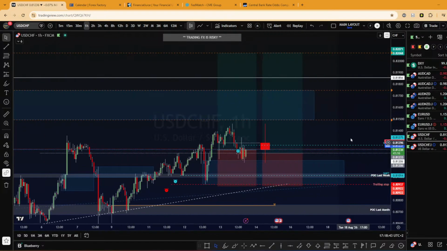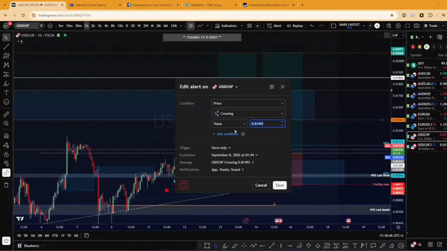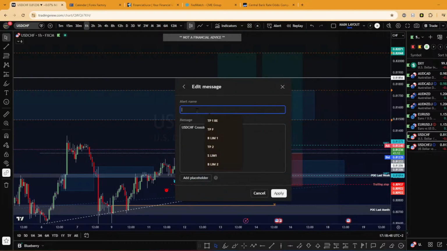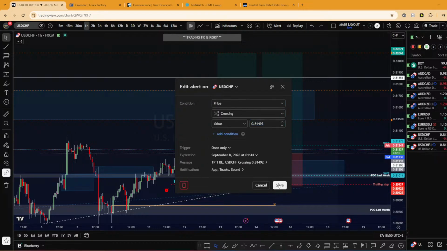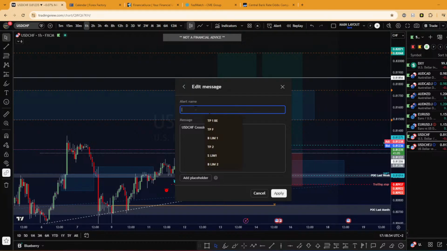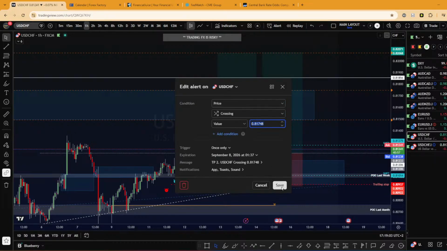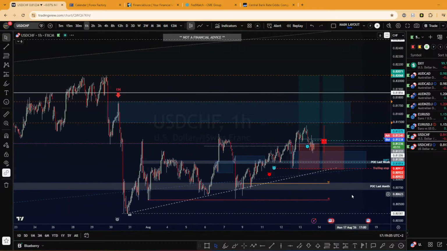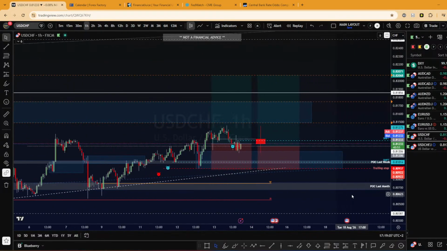This is my trade. Take some profit here. Break even. This one will be TP2. TP2. Okay, here we go.